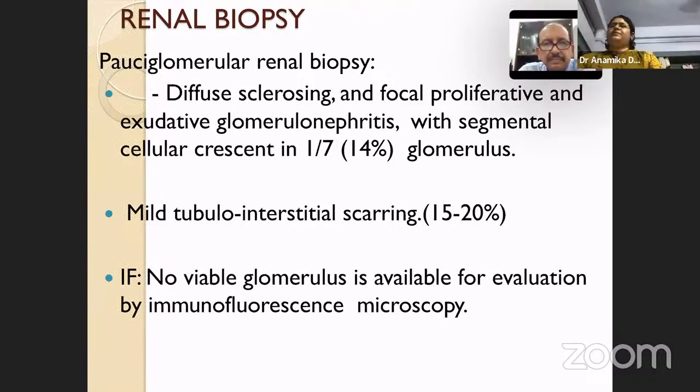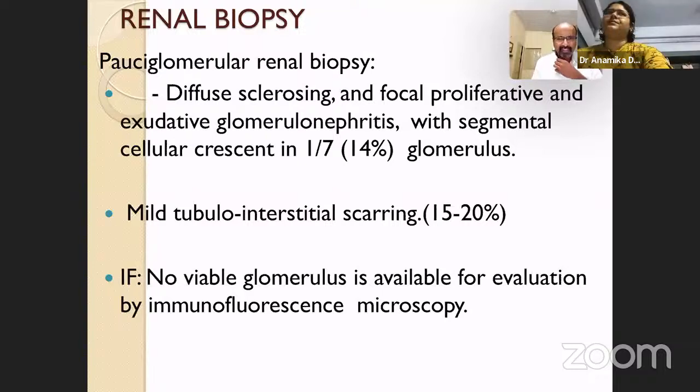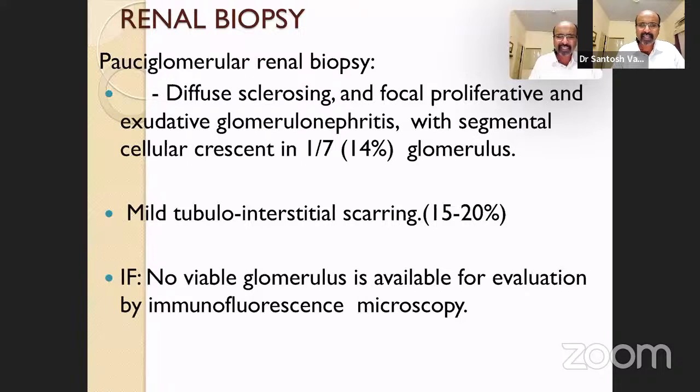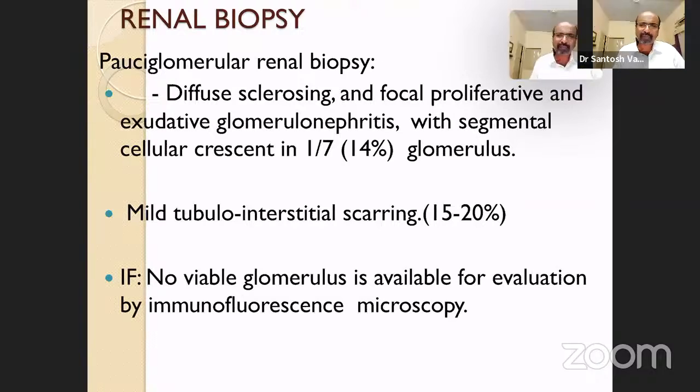Anamika, if in this biopsy you have seen, and again, IF is not available because it's a scanty sample, but the pathologist tells you that there are a lot of wire loop lesions that you're seeing, the same presentation, sclerosing, proliferative, exudative, and you have wire loop lesions, what will be your differential diagnosis at that point?